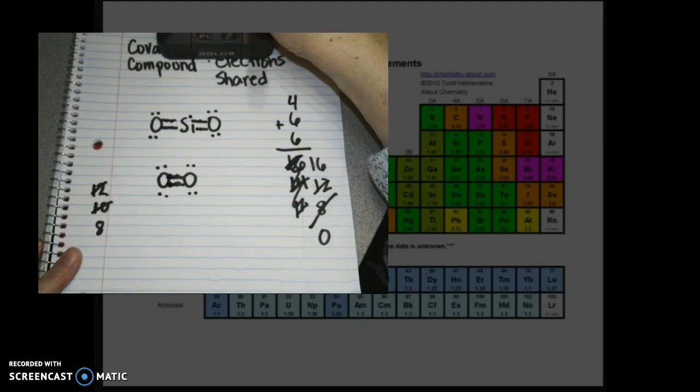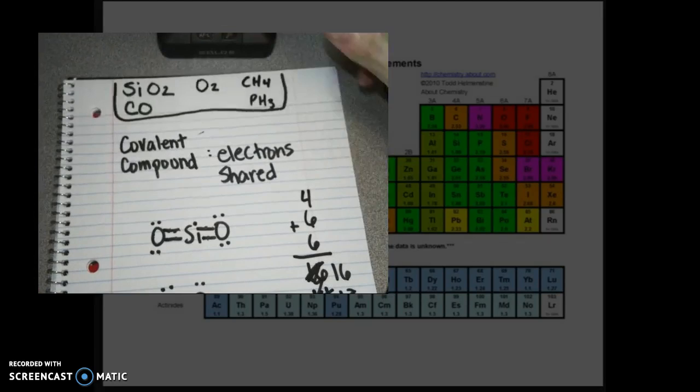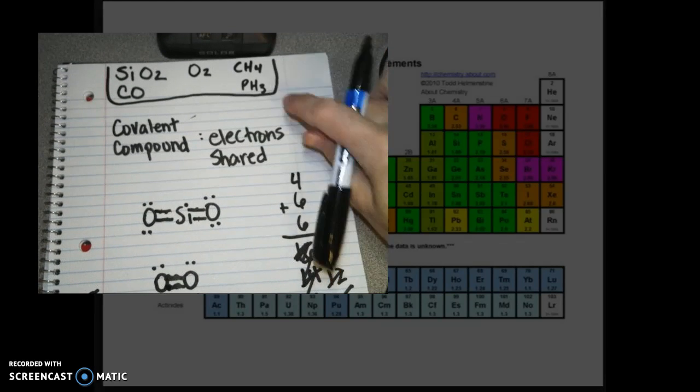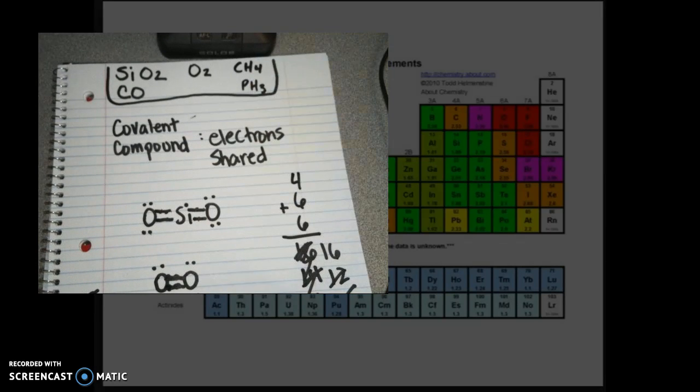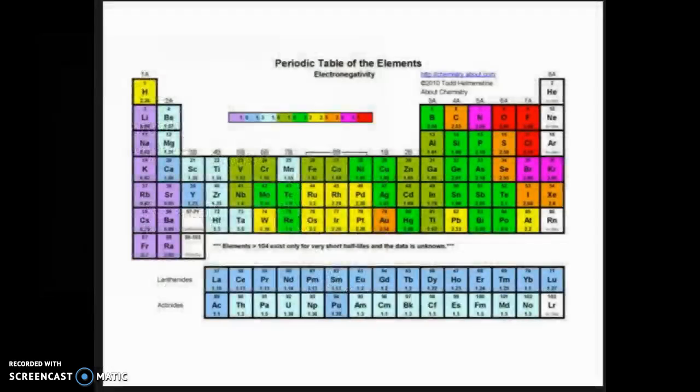There are some that don't have double bonds. So let's look at methane, CH4. Using my chart that I had before, we can see compared to, well, this one's a bit tricky, so let me just give you this one.